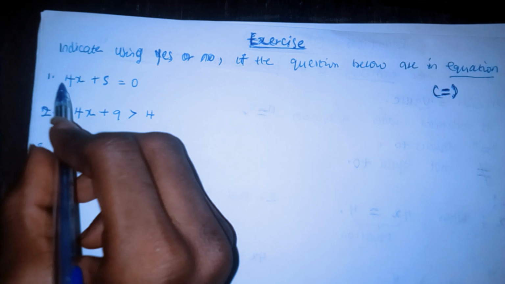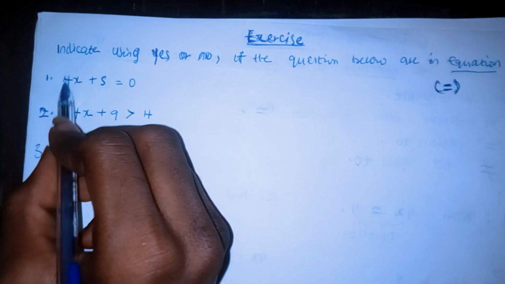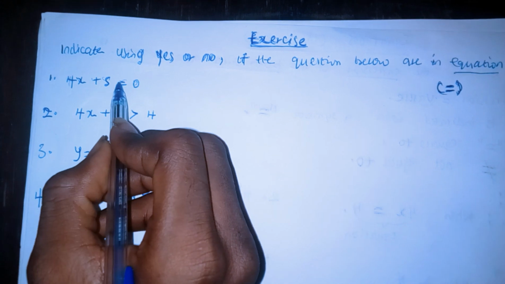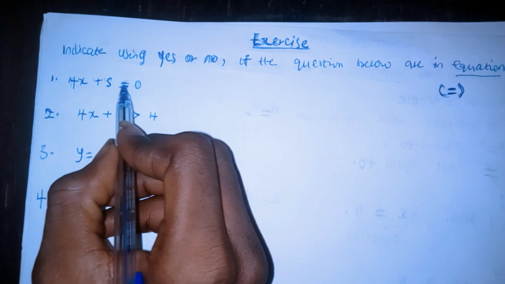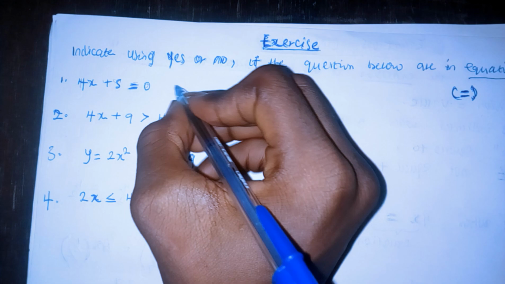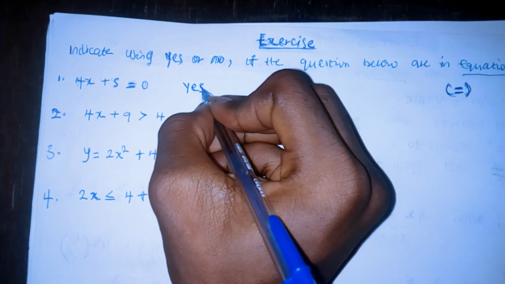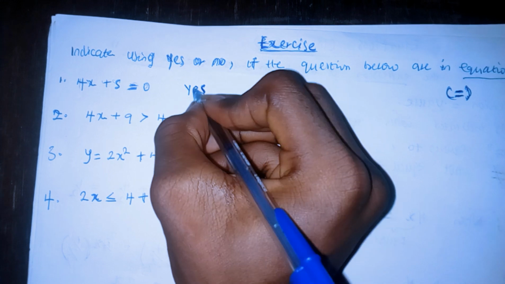Let's move on. The number one question says 4x plus 5 equals 0. This has an equals to sign, which makes it correct. This is yes, the question is in equation format.